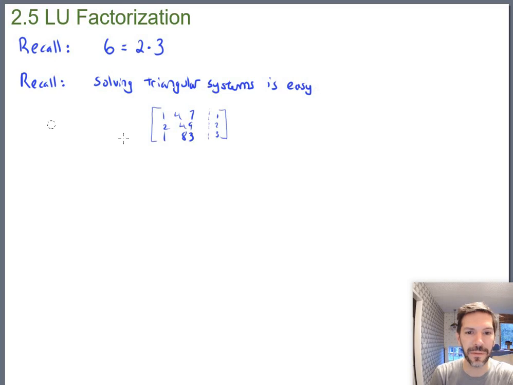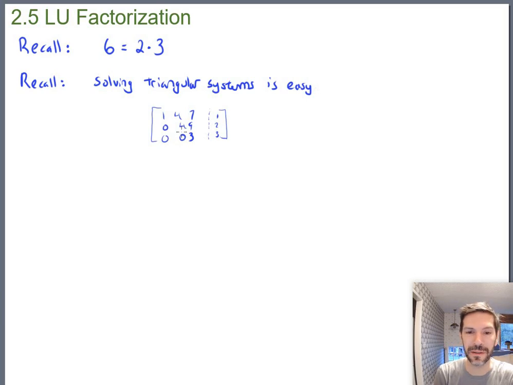If you have, however, a triangular one, and keep in mind triangular means that there's zeros below the main diagonal, or possibly all zeros above the main diagonal, one way or the other. This one I'm going to put zeros below the main diagonal.